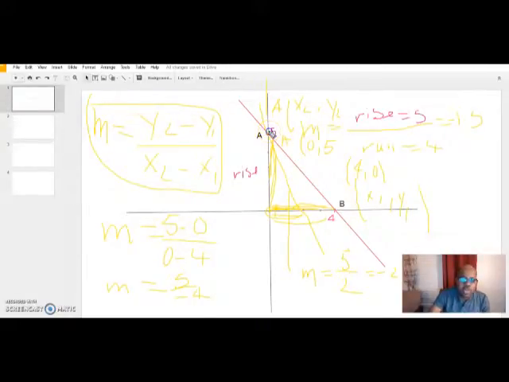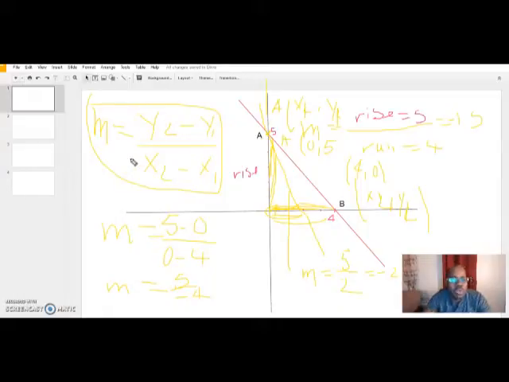You've got 2 points. That's the mathematical formula. You call the first one X2, Y2, and you call this one X1, Y1, and then you do this. But it doesn't matter. I might decide to call this X2, Y2, and call this one X1, Y1. It's still going to give me the same result. So that's the formula to find the slope of a line.